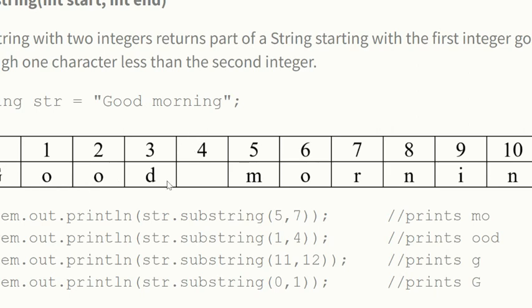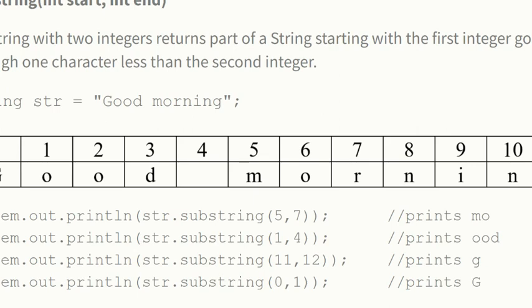And if I did 11,12, it's going to give me G. It doesn't crash. It's okay on a substring to use 1 more than what it has because it's doing 1 less than that. I think they're planning on you sometimes using a dot length in there and having it be at the end.